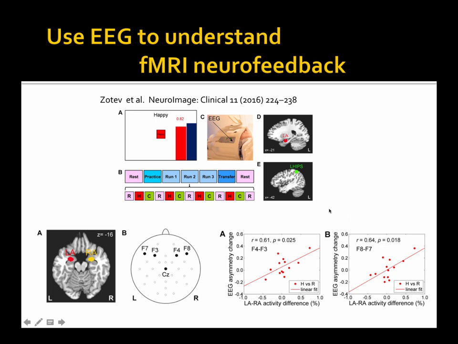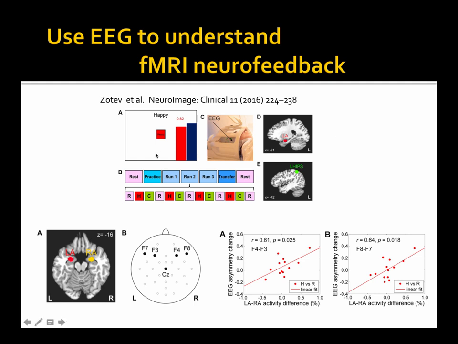And they can check whether the EEG in some frontal areas correlates with the fMRI in the amygdala. And of course, that's complicated, and you need to figure out which is the parameter that will correlate. But once you find it, that allows you to move forward in the experiment outside the scanner.